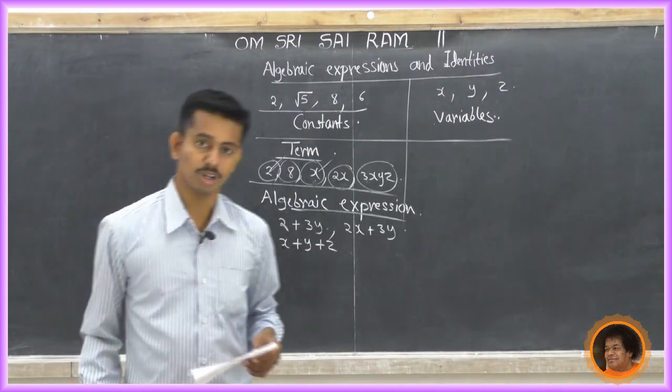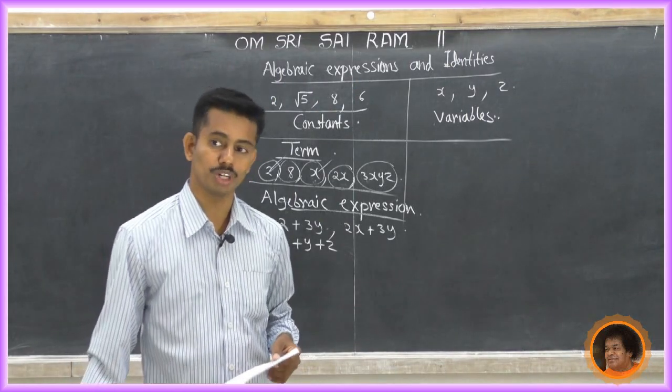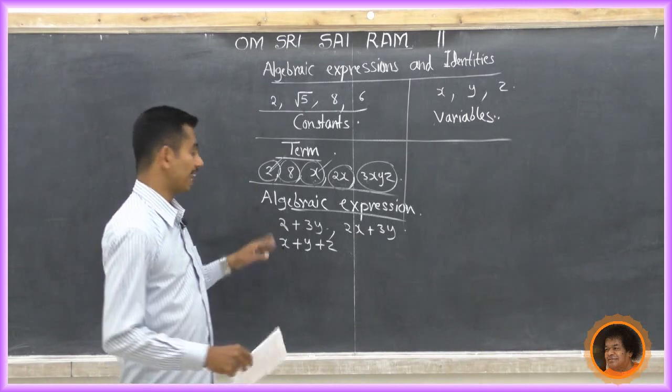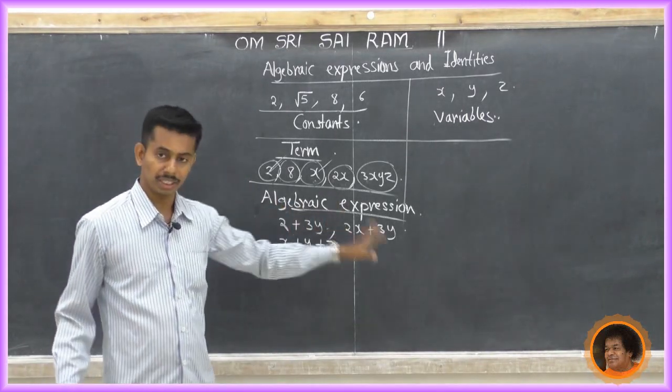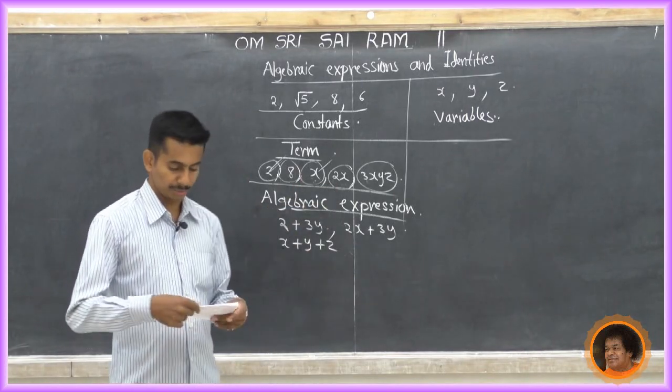A single term or a combination of two or more terms connected by additive and multiplicative symbols forms an algebraic expression. Very simple. A single term is also an algebraic expression. Not only a single term, a combination of two or more terms with multiplicative and additive signs is also referred to as an algebraic expression. So, these are algebraic expressions.